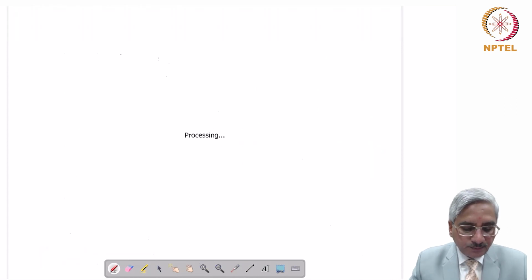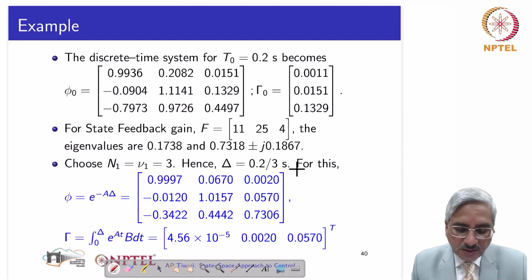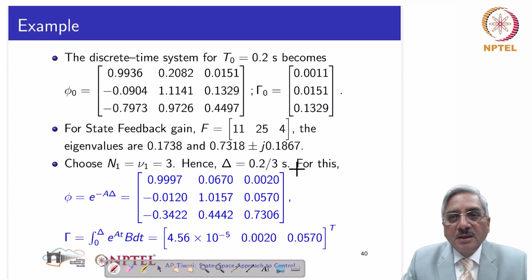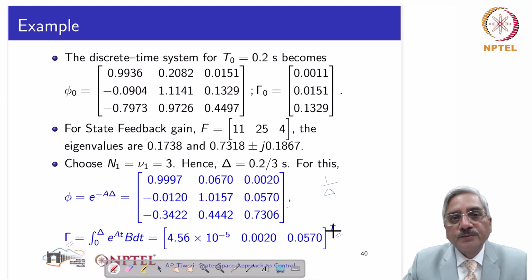And for this, the phi, this is the same continuous time system which was given in the beginning, however for the sampling rate 1 by delta, this one, and this is the input matrix corresponding to that.